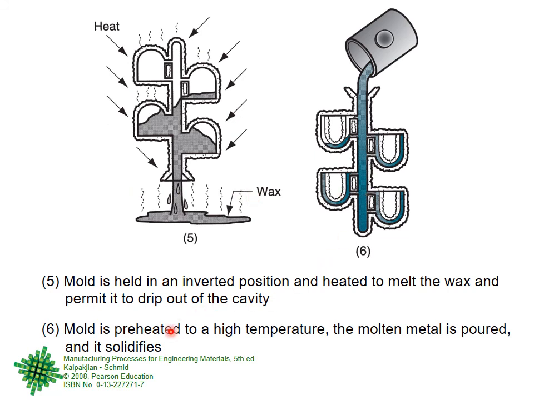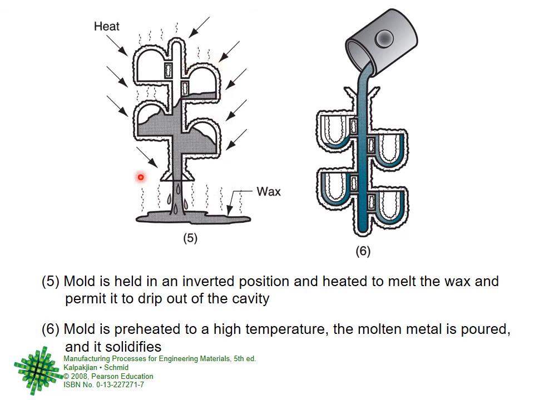And finally, the mold is preheated to a high temperature, so the mold becomes very solid and strong. And then the molten metal is poured and it solidifies, right? So first you heat it a little so that all the wax drips out. Once it is dry, you heat it, bake it so that the shell becomes strong.